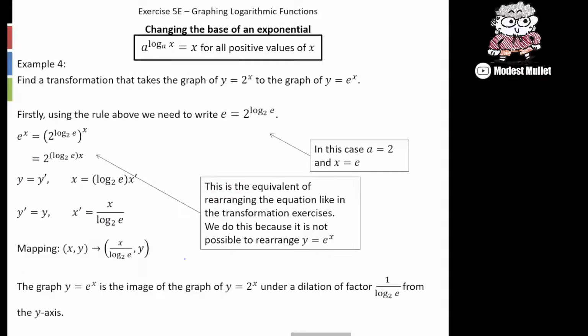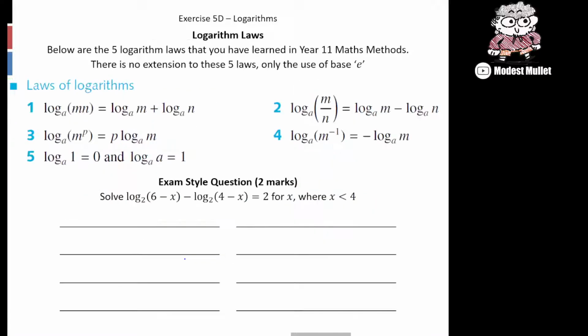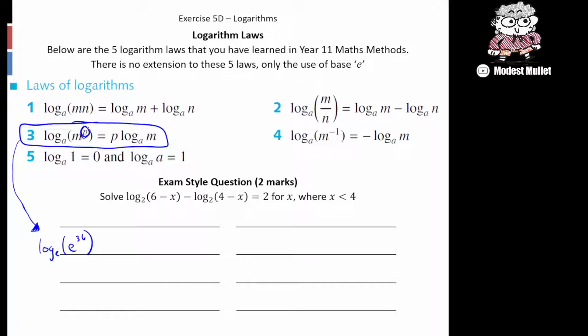But technically what is actually happening, if we go back and look at our log laws here, is we would be using log law 3. And I talked about this in a previous video. This is where this starts to come up. So we had log to the base e of e to the 3b. What we can actually do, this p up there is our 3b. We can bring that out as a coefficient in front.